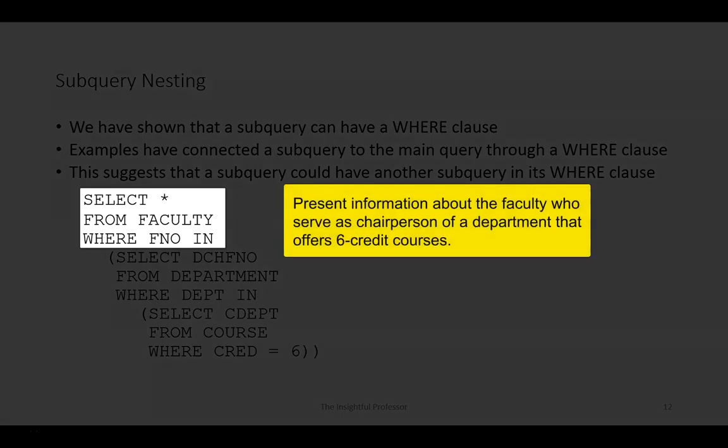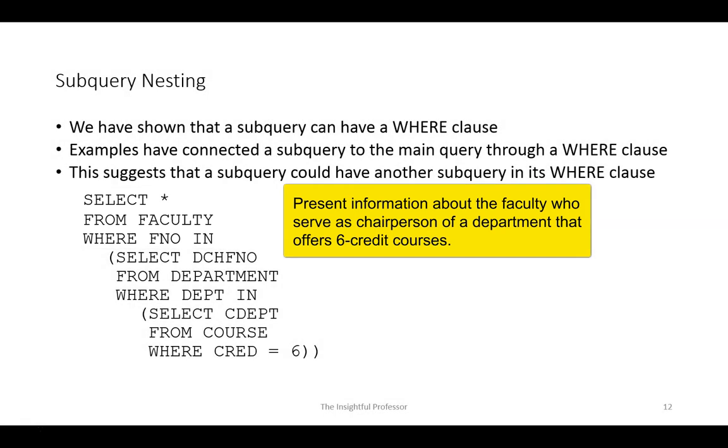This list of faculty numbers is evaluated in the main query, where we then select rows from the faculty table where the faculty number is equal to one of those values. So the objective of this query can be stated as identify those faculty members who serve as the chairperson of a department that sponsors 6-credit courses.